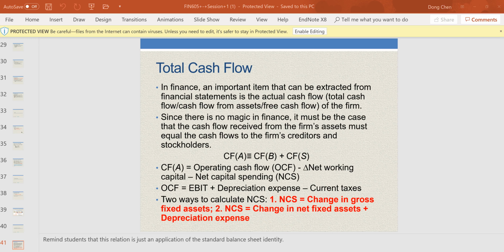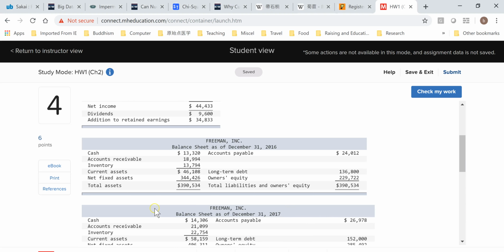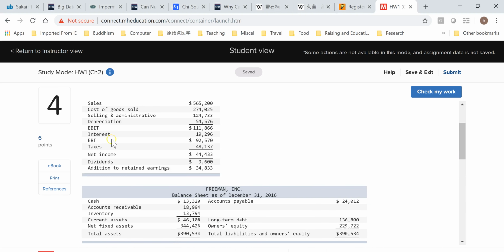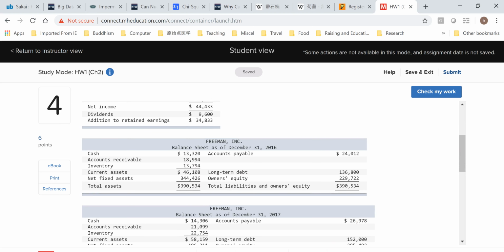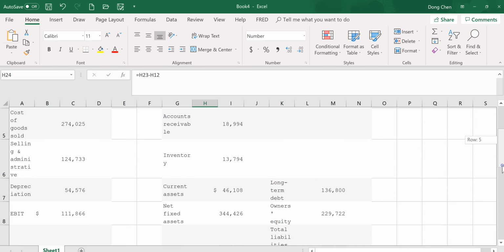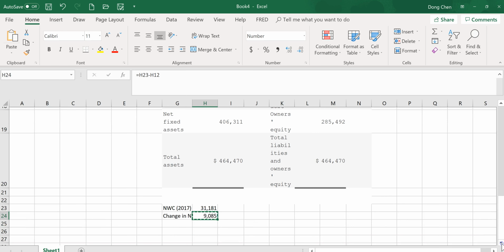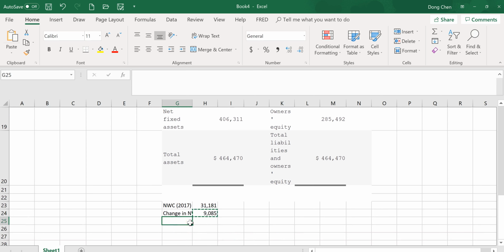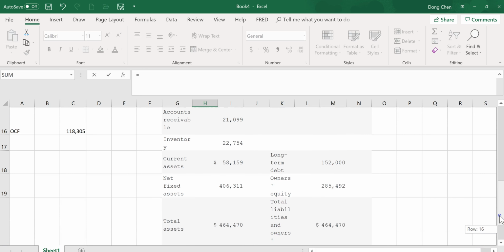So now let's go back to our example. Here we are only provided with the net fixed assets, and you can find the depreciation from the income statement. So we can use the second way to do the calculation for the net capital spending. Let me do it down here. So net capital spending, that's the change in net fixed assets.